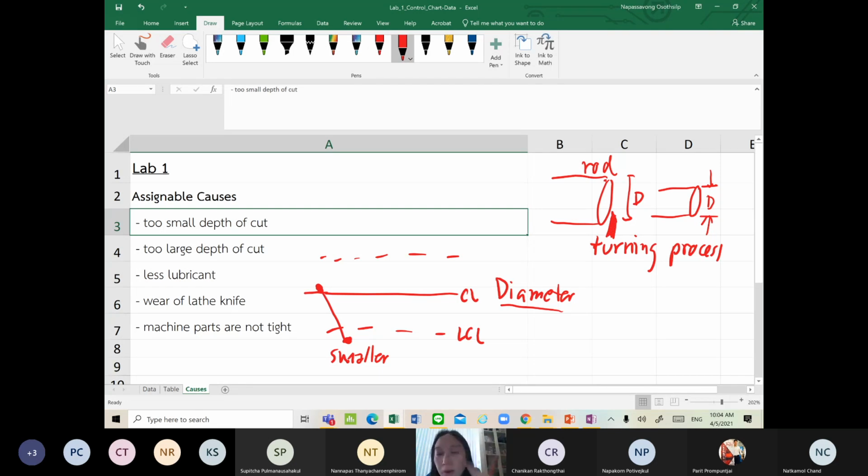And then you feed the tool into the part, and then you move the knife along this direction, right?